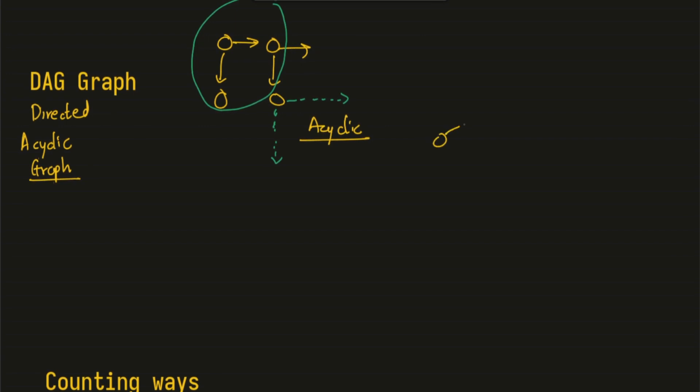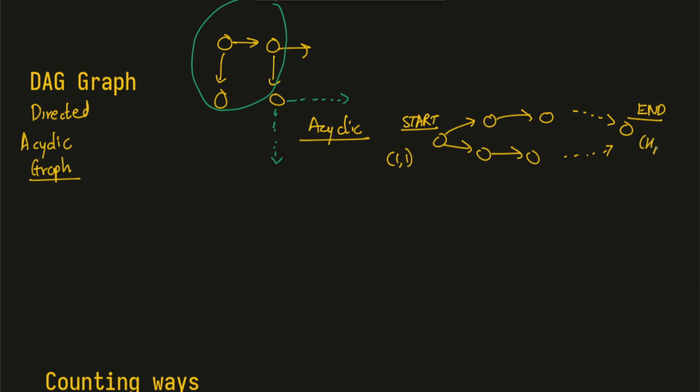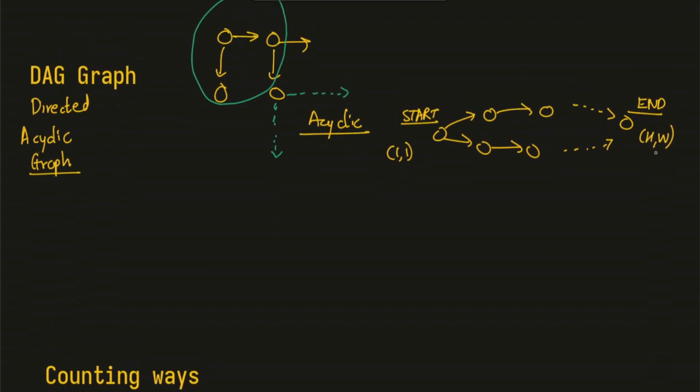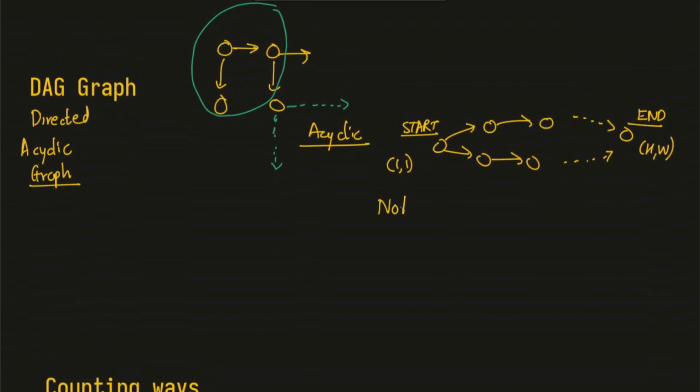So in short, we can formulate the graph and count the number of ways to start from a current node and end at some node. This will be (1, 1) and (H, W) in our case. And this graph has a number of nodes equal to H times W, because each cell in the grid is one node in the graph.